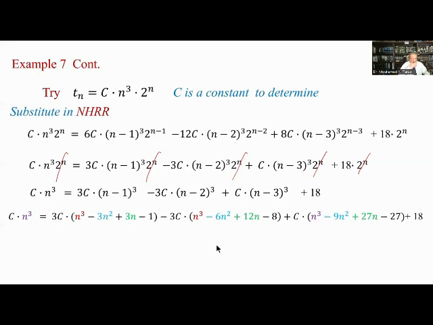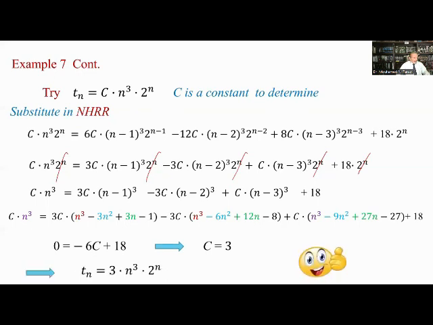So just do some simplification here, and you find that 0 is equal to negative 6c plus 18. So it so happened that the n cubed terms all cancel each other. So you get this here. And now c is equal to 3. And we found the particular solution of the non-homogeneous recurrence relation.